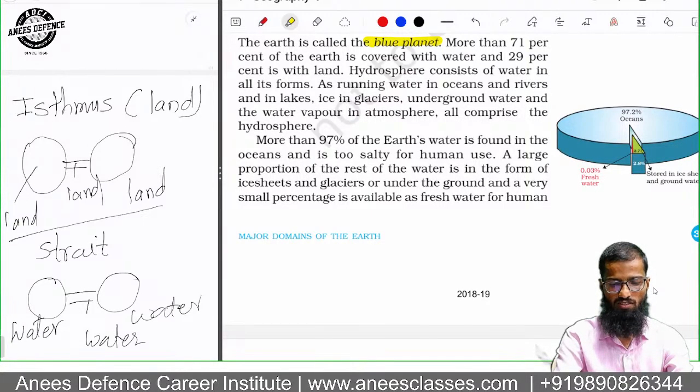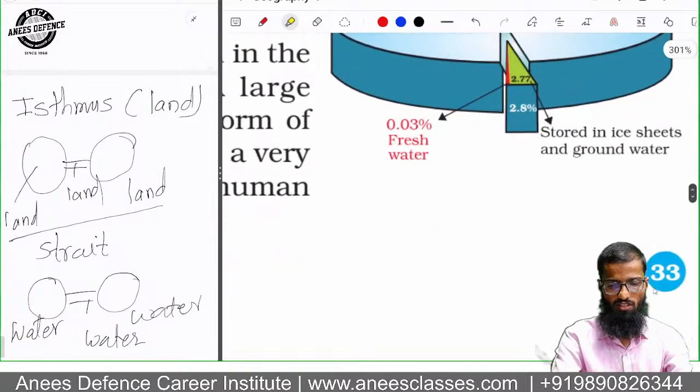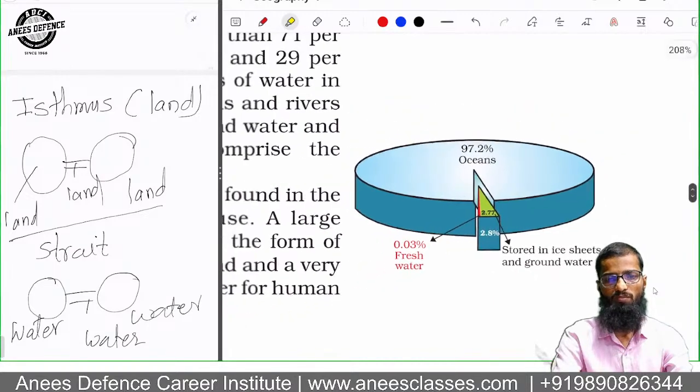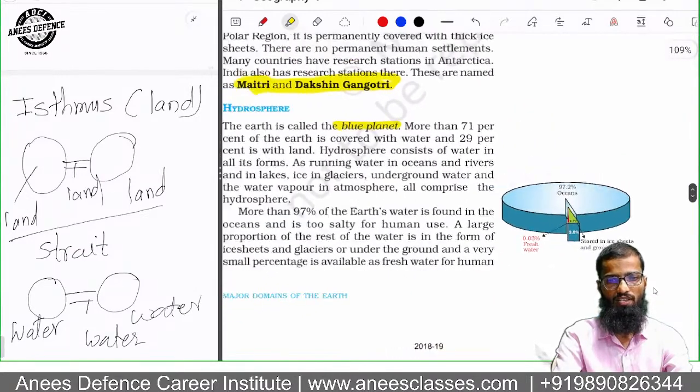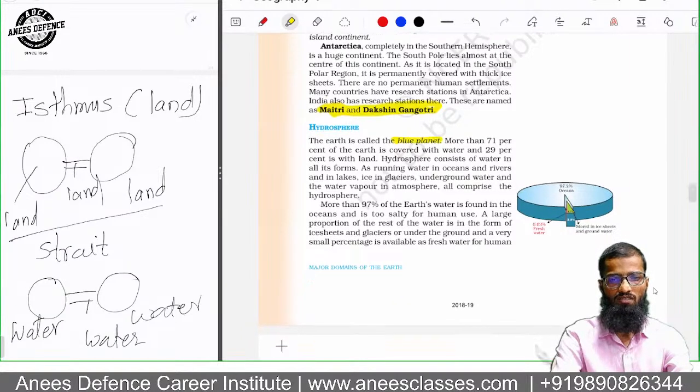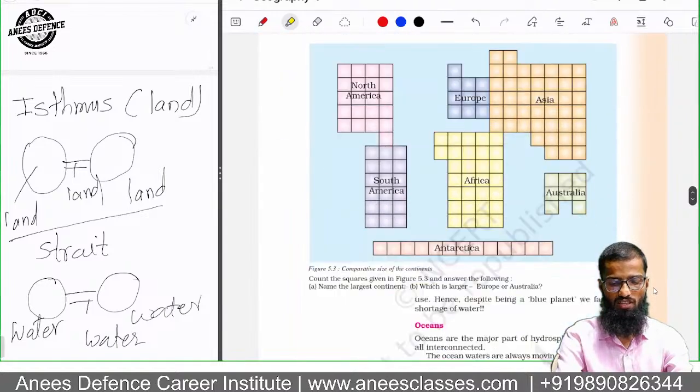Okay, look at this, this diagram is very, very important. Of all the water on Earth, 97% is in the oceans, and within the rest, fresh water is very little, only 2.77% drinkable. Out of that, 0.03% is fresh water. A large portion of the rest of the water is in the forms of ice sheets and glaciers. How much fresh water is there for human consumption?